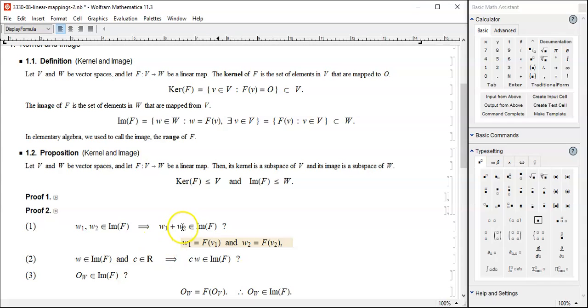And then we have to prove that w1 plus w2 is in the image set. That is, can that be written as f of something here? Well, let's figure it out.